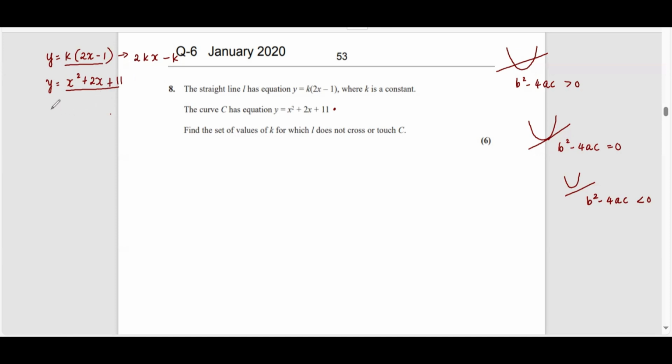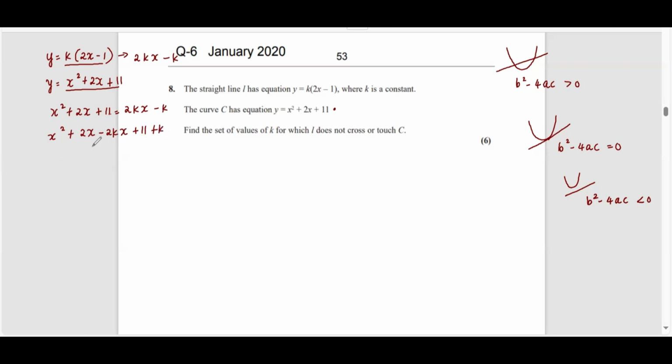So x squared plus 2x plus 11 is equal to 2kx minus k. Take all these terms from the right hand side to the left hand side. So x squared plus 2x, 2kx when it goes to the other side becomes minus 2kx, plus 11, minus k goes to the other side, plus k.